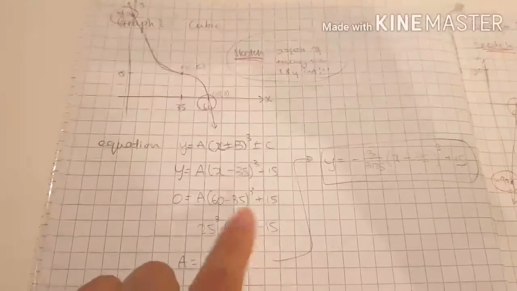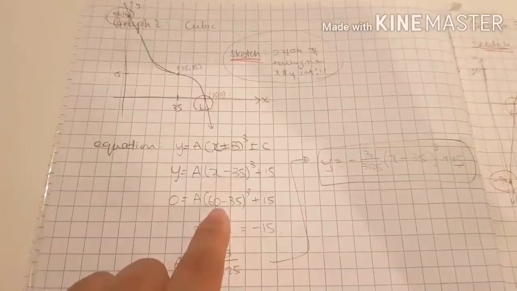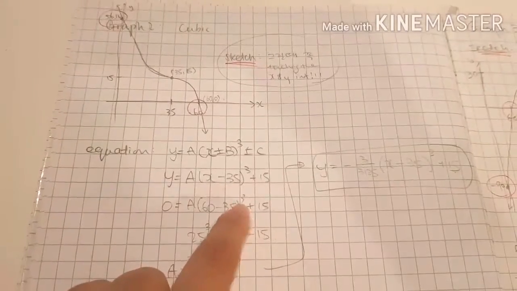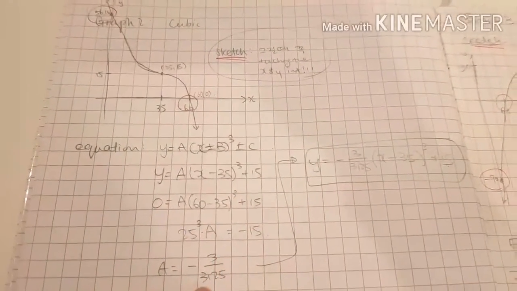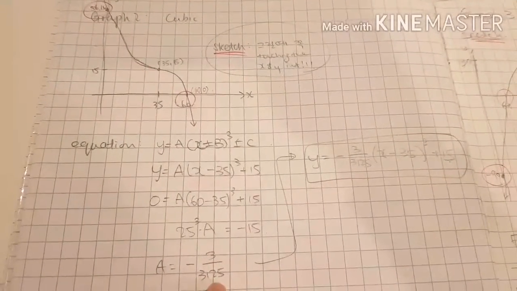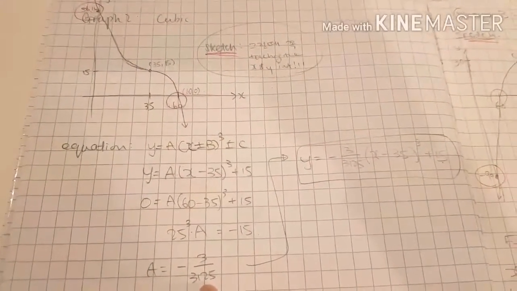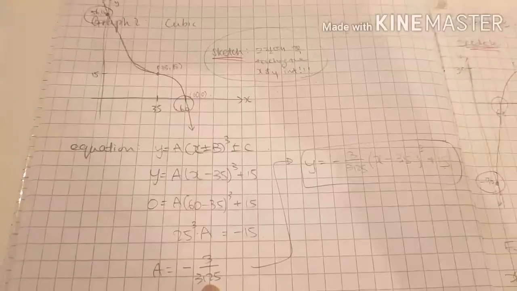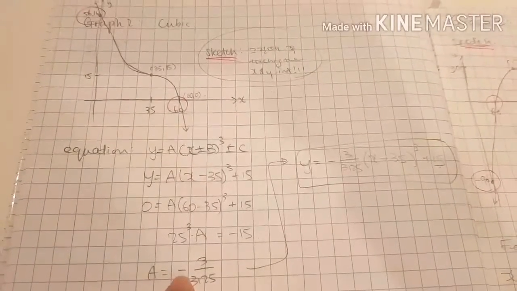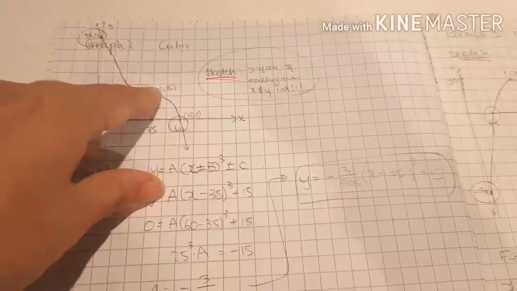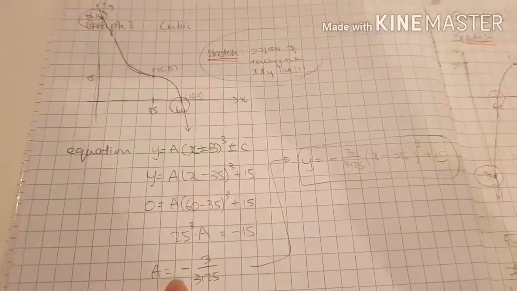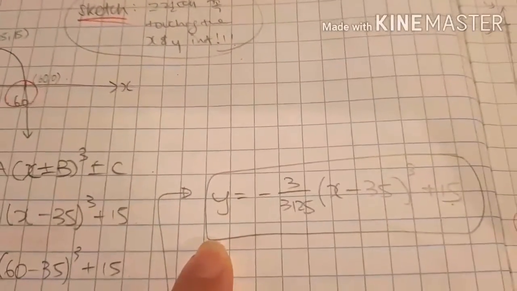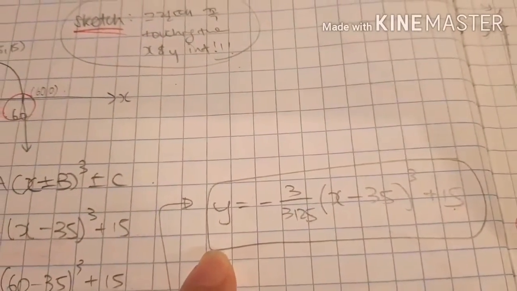Always do whatever is inside the bracket first, then cube it. There you go. Always put it in fraction, fraction is always the best answer. That's my A. Check that you get a negative value because it's going down, so the A value should come out as negative. Please tick yourself if you got the right answer.